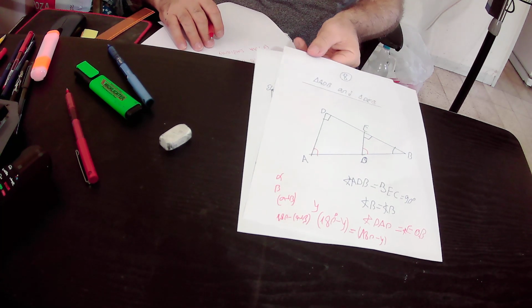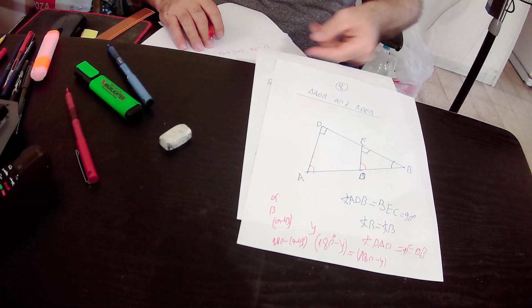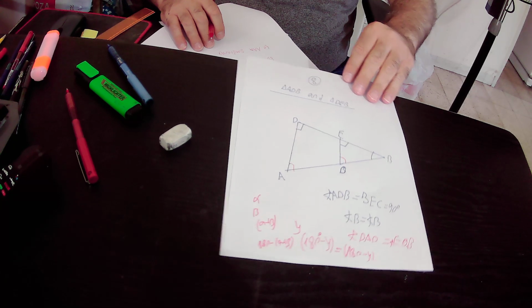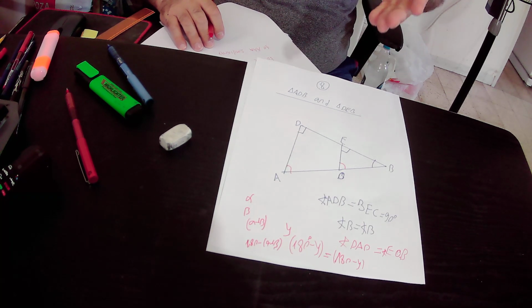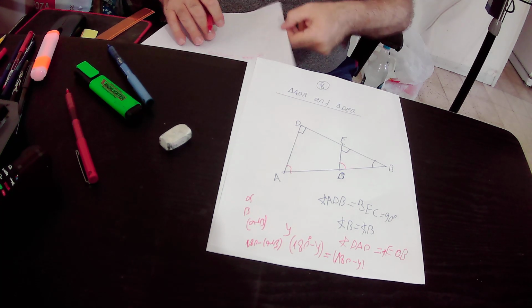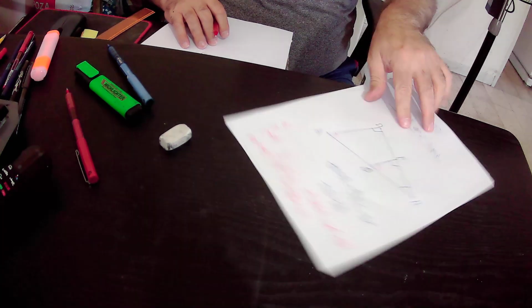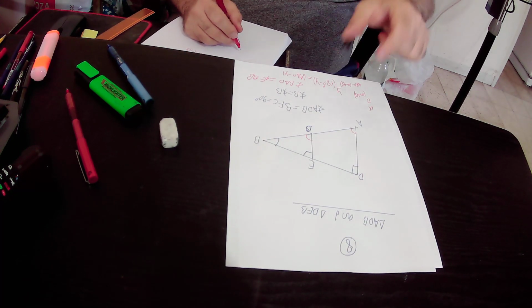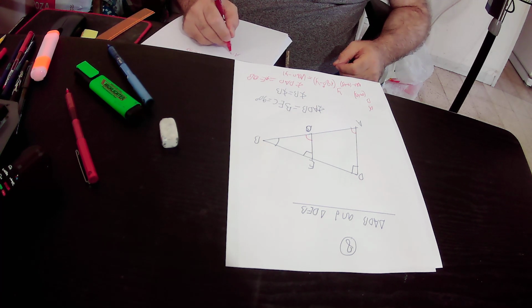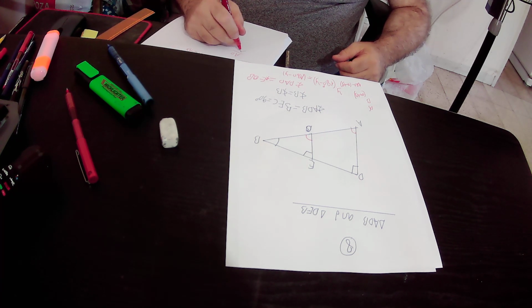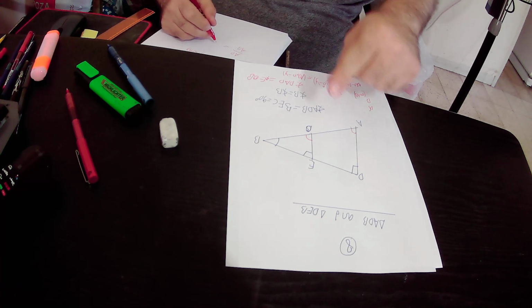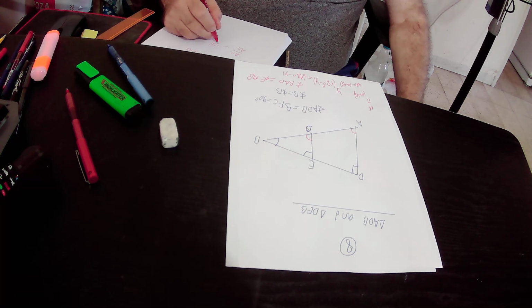Okay, so from this similarity we can derive the following relationship between the sides of the two similar triangles. We can say that AO over AB equals OE over AD.